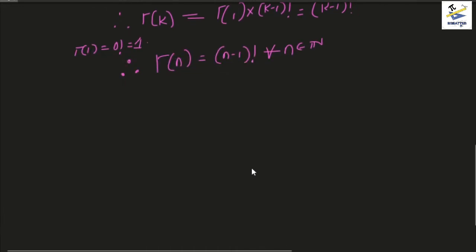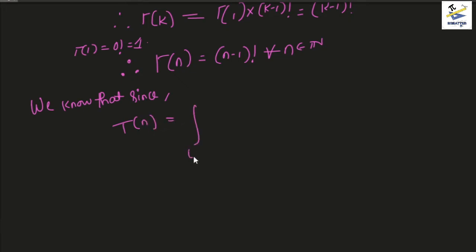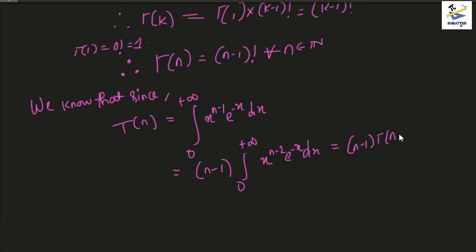But obviously, natural number or not, the definition still works, because irrespective of whether n is a natural number or not, by IBP we still have n minus 1 into the integral from 0 to positive infinity of x to the power n minus 2 into e to the power minus x dx, which will give you n minus 1 into gamma of n minus 1, right? So this basically works.